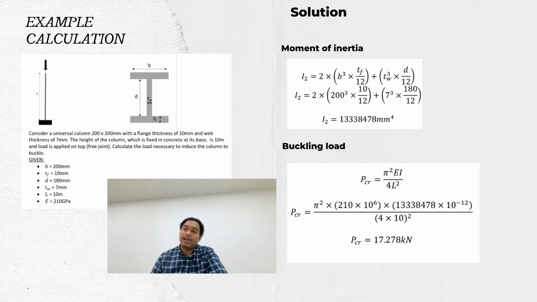Then after we get I, we use the buckling formula to calculate the critical load for this column. We use our formula PCR equals pi squared EI divided by 4L squared. We insert the amounts, then we get P equals 17.278 kilonewton.